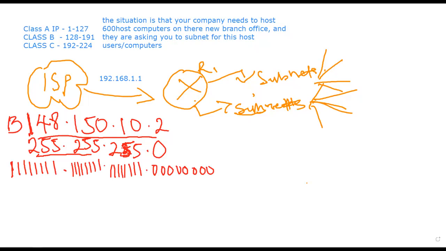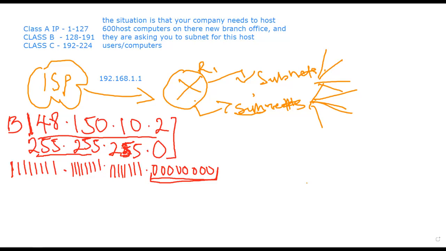Now, in this situation, all zeros gives us the host numbers. It gives us the number of hosts that we get when we use this IP address and the subnet mask. It will tell us how many hosts we will have.